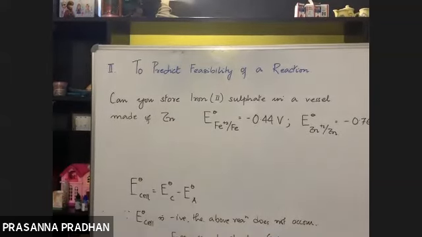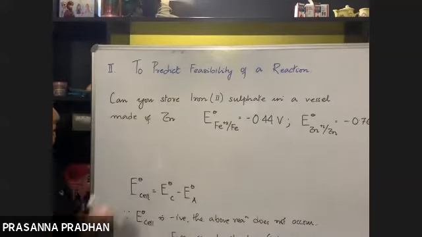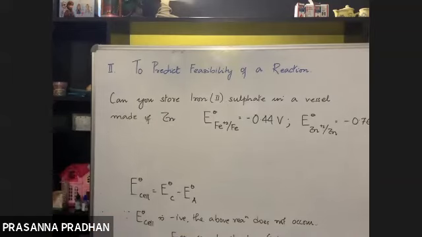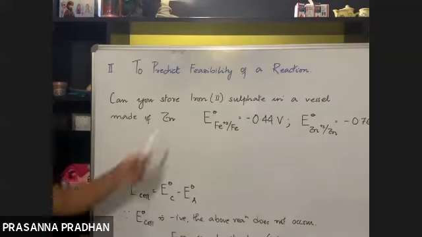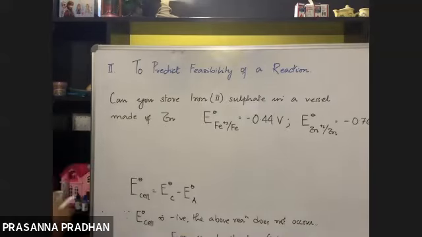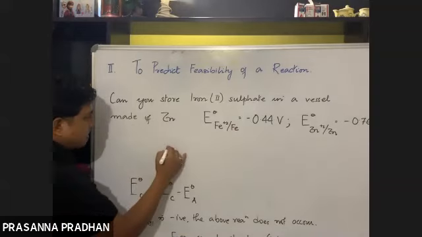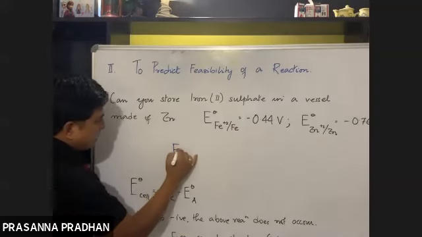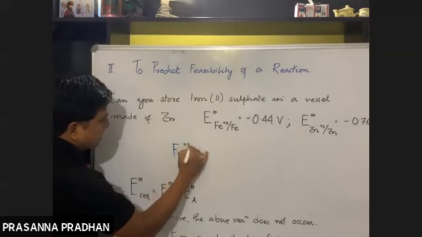So what is the question out here again? Same question. Can you store iron sulfate in a vessel made of zinc? So what are you being asked indirectly? You are being asked indirectly whether the reaction between ferrous iron and zinc will occur or not. So if the reaction does occur, what will be the reaction? Cell reaction, redox reaction. We have Fe²⁺.